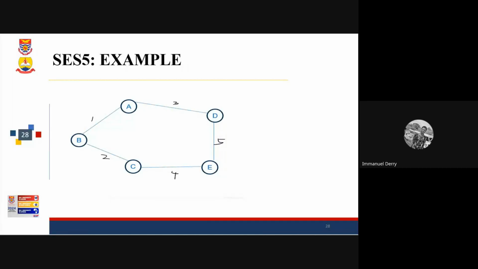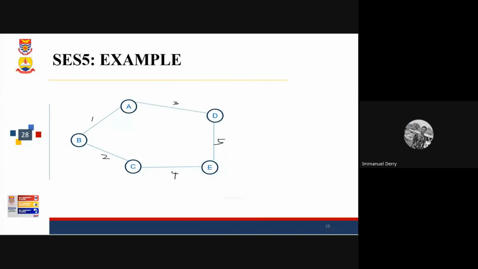Sir, please, I want to ask, can we also have maybe B to A, then A to D, or is it always on the left side? No. You just have to find a starting point, but make sure it doesn't form a circle. So you can get B to A, A to D, D to E, and then E to C. The only thing is to make sure the spanning tree doesn't form a circle.